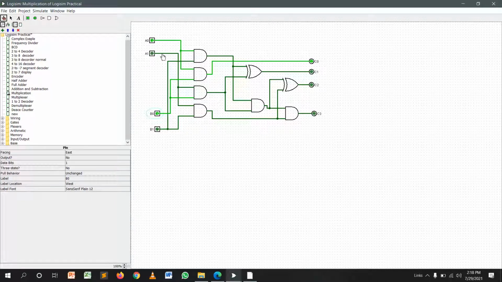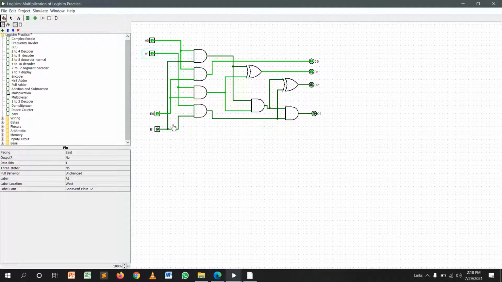The first number is 1, and 1 means 2 and 3, and 3 multiplied by 2, its output is 6. This is a 4 value. 1 1 0 means 6, representing 6 in decimal code.